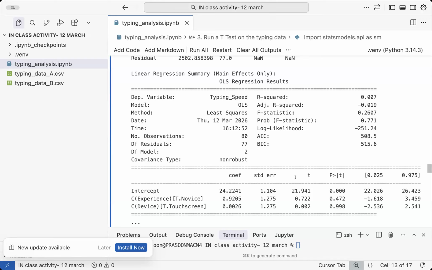So by default, this variable is experienced, and you switch from experienced to novice equals true. So going from experienced to novice increases your typing speed by 0.92 seconds or something. That's the way to read it. I hope that's the right interpretation of this.